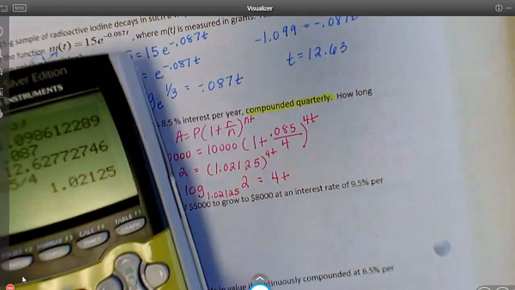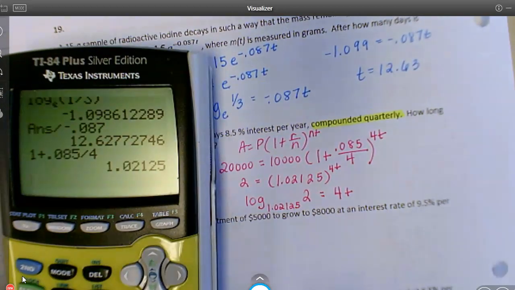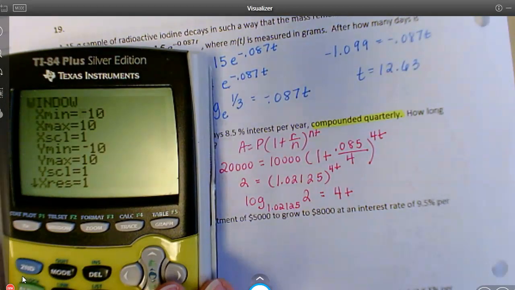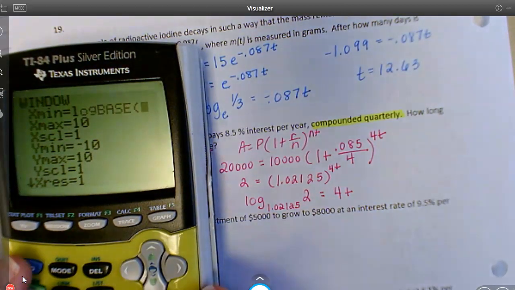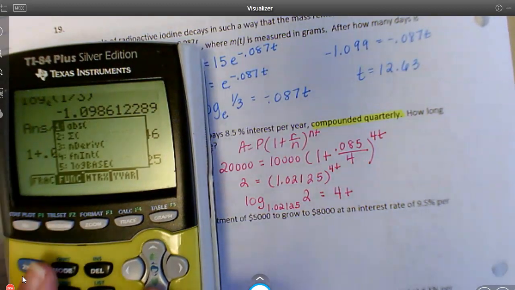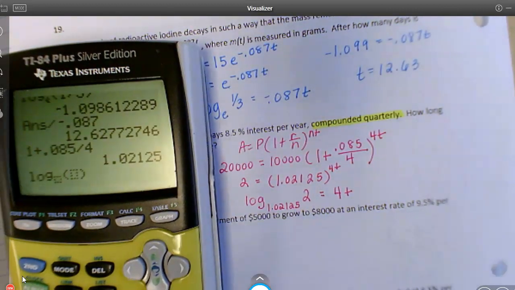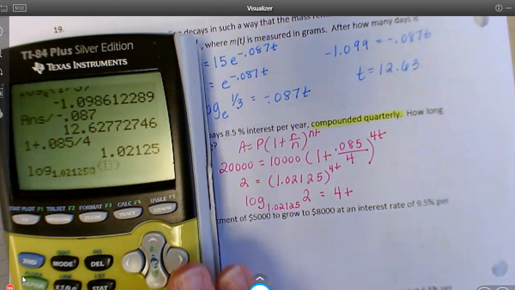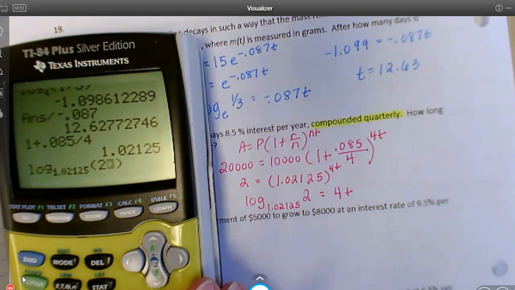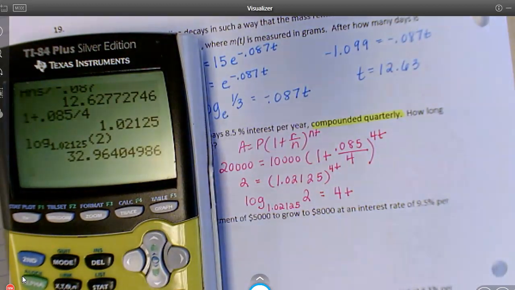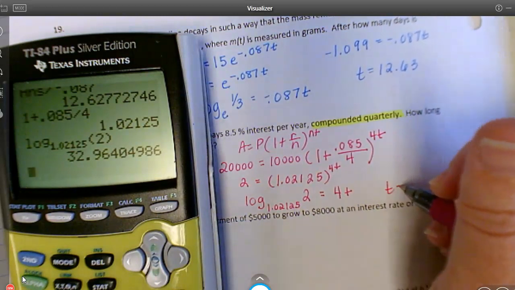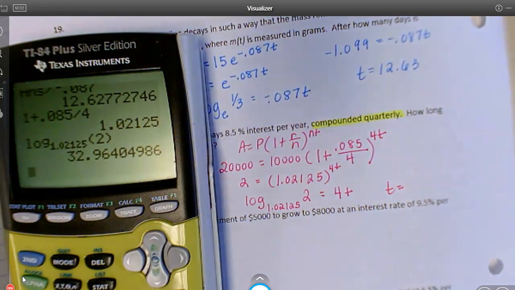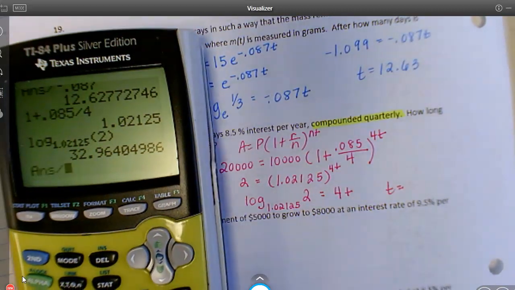So in our calculator or Desmos, whichever you prefer, you're going to put log 1.02125 of 2. Hang on just a second, we'll talk about it. After that, what do we do? Divide by 4.